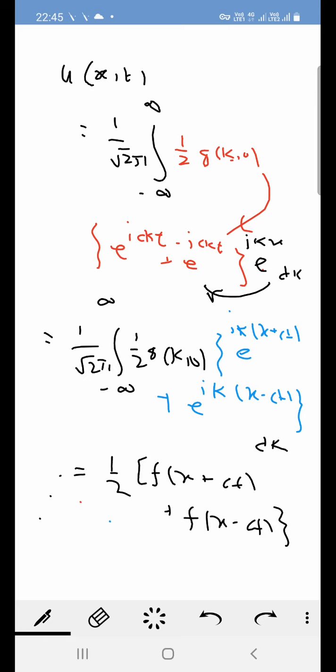Now the Fourier transform can also be used to solve for an unknown quantity.